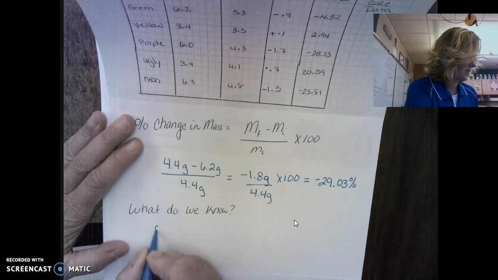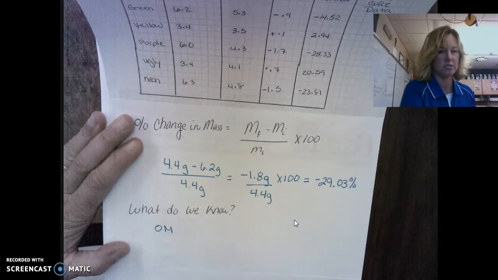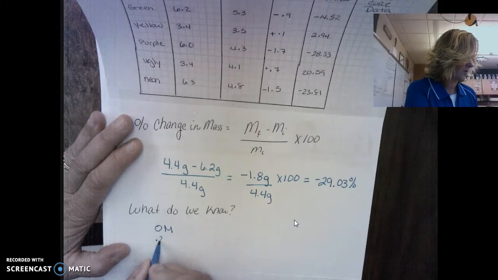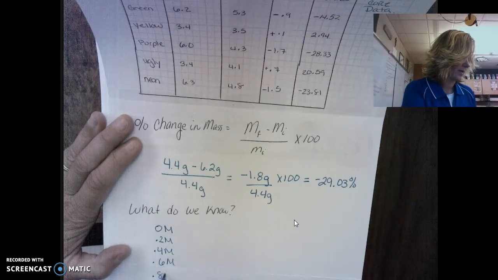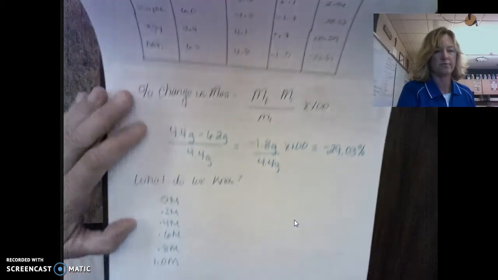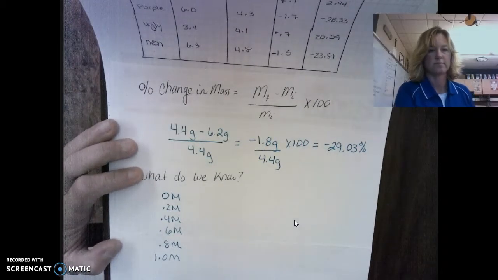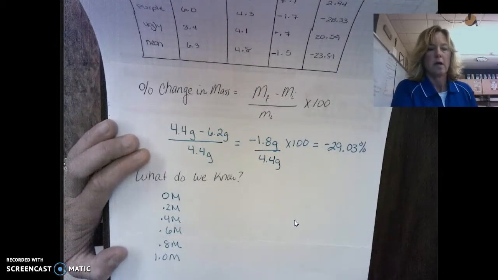We know there is a 0 molar concentration, a 0.2 molar solution, 0.4, 0.6, 0.8, and a 1 molar solution. So we have to figure out which molar solution corresponds to which color.